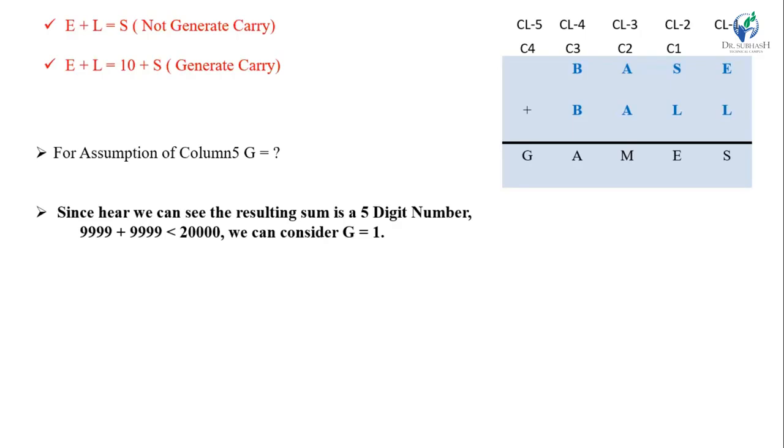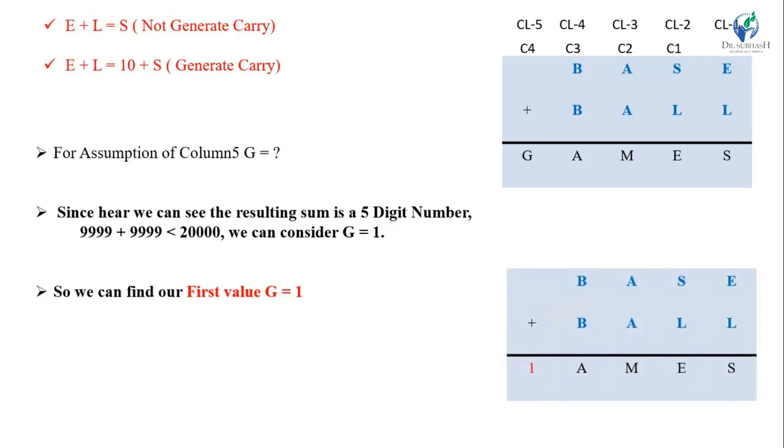So we can easily consider G is equal to 1 because it generates carry 1. This way we find our first alphabet's value, G is equal to 1, and put that value in the problem. So it looks like this.